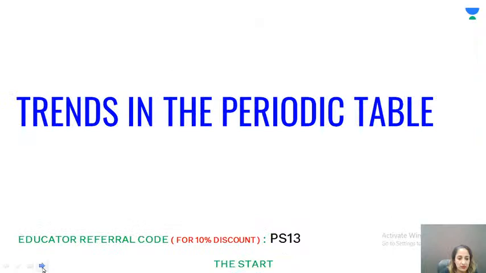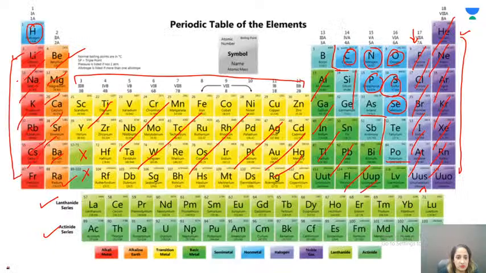Now let's talk quickly about trends in the periodic table. As I said, when we move in the periodic table, the properties of the elements are a periodic function of their atomic numbers. As you will see in this periodic table, every next element has one extra electron compared to the previous one.